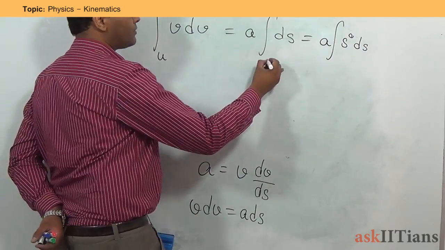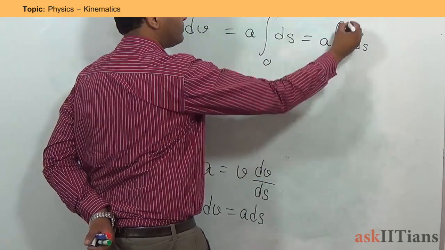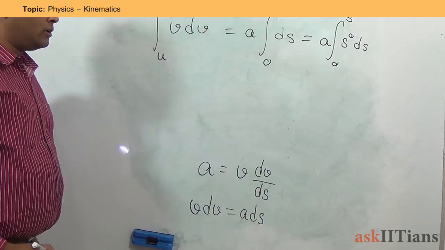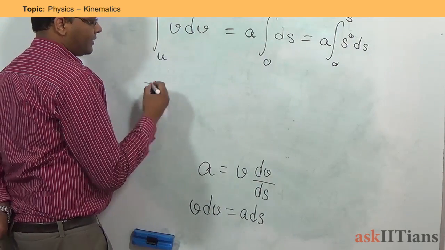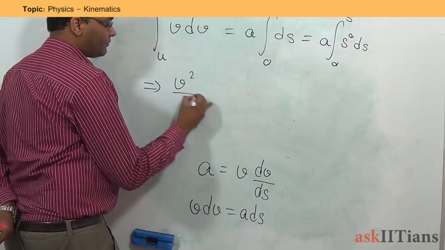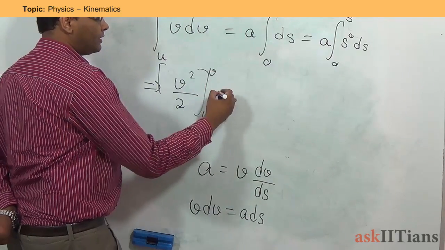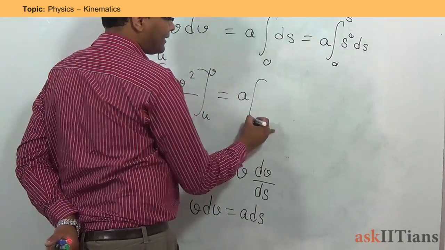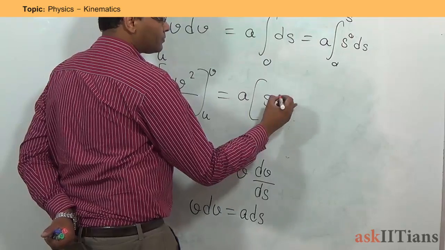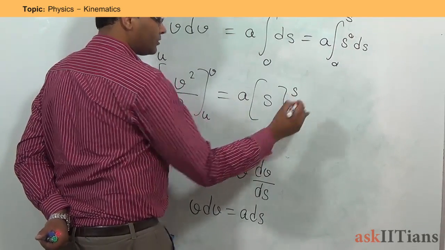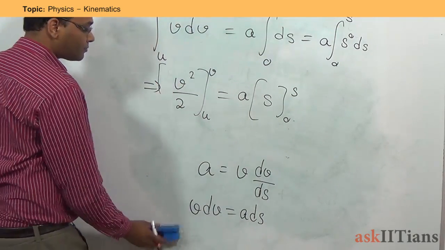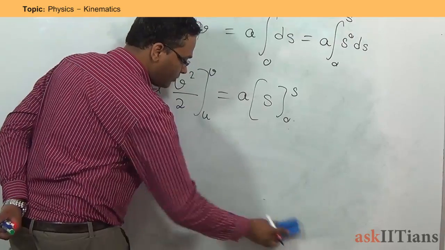S is being integrated from 0 to s. So what will we get? If we integrate this, we will get v square over 2 integrated from u to v. On the right hand side, I get a into s integrated from 0 to s. Right?